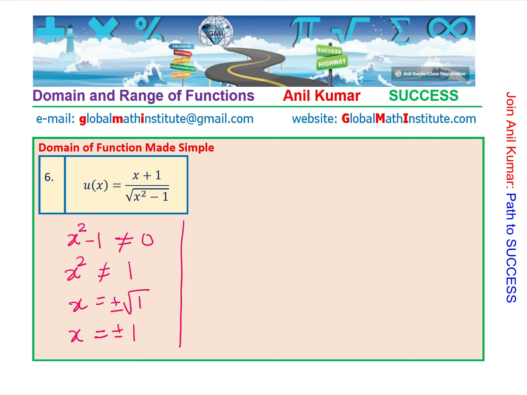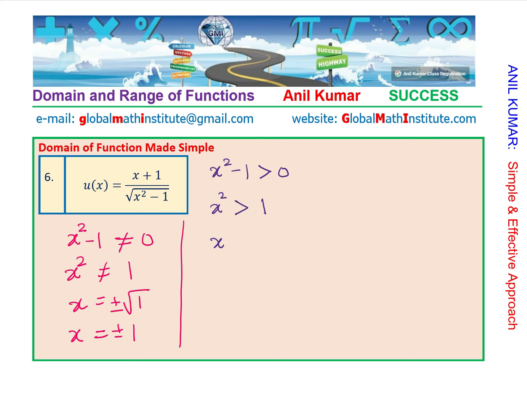Now the second part to this is that since x squared minus 1 is within the square root, we have x squared minus 1 that should be greater than 0, right? This is another part. So we need to solve this inequality that x squared minus 1 is greater than 0. That means x squared is greater than 1.